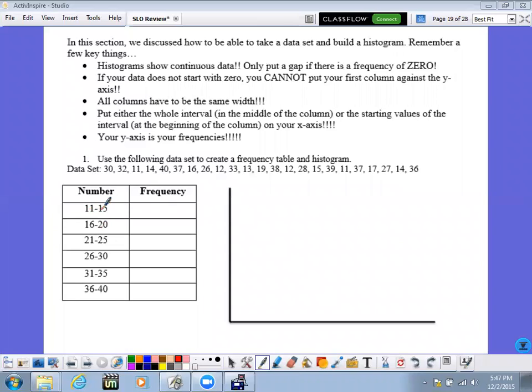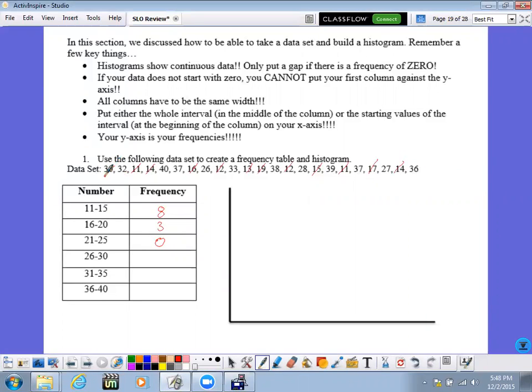So we look for numbers between 11 through 15. There's 1, 2, 3, 4, 5, 6, 7, 8. 16 through 20. There's 1, 2, 3. 21 through 25. Look, there's none. 26 through 30. So that includes this 30.